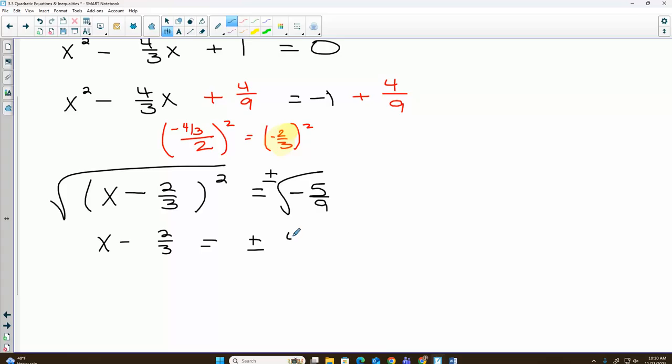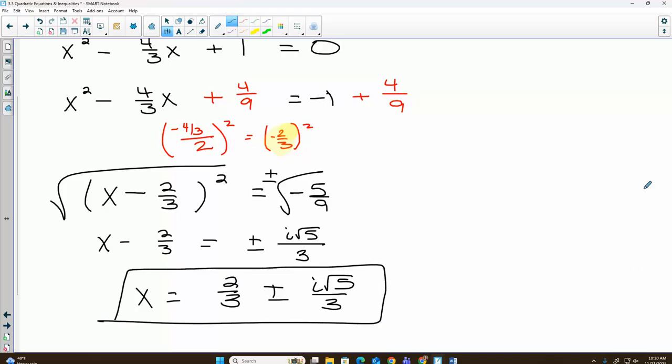Well, i radical 5. Square root of 9 is 3. So to finish it, you add over your 2/3, so 2/3 plus and minus i radical 5/3. So we can have answers with radicals, we can have answers with i's.